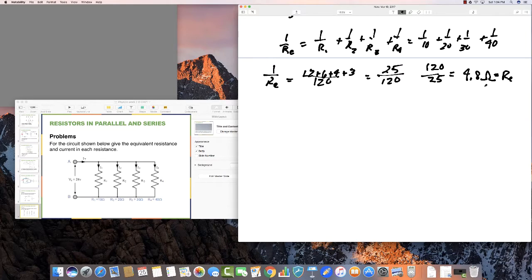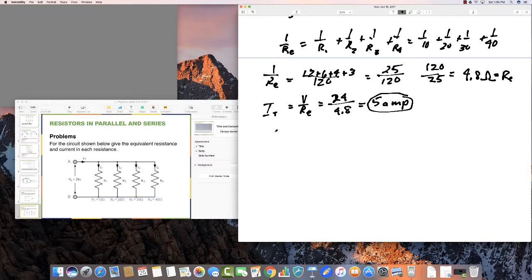Now what that means is that the total I is going to be equal to V over R equivalent, which is going to be equal to 24 divided by 4.8, and 24 divided by 4.8 is 5 amps. Now we didn't really ask for that, but that's IT, the total shown here.